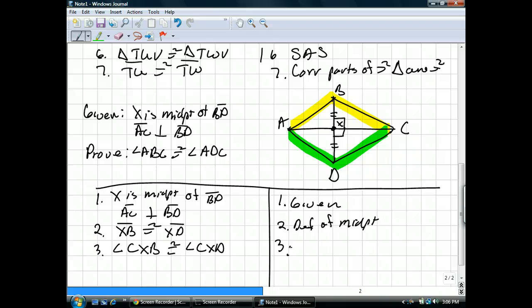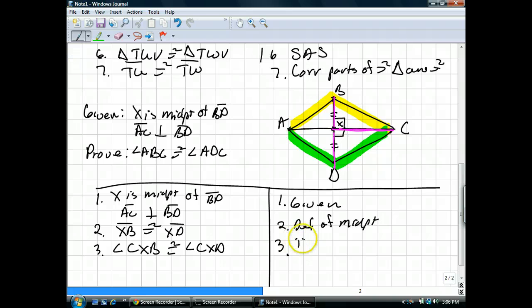Okay, because remember the theorem that we had that if two lines are perpendicular, so this line is perpendicular to this one, then they form congruent adjacent angles, okay? So that is the reason we're going to use.